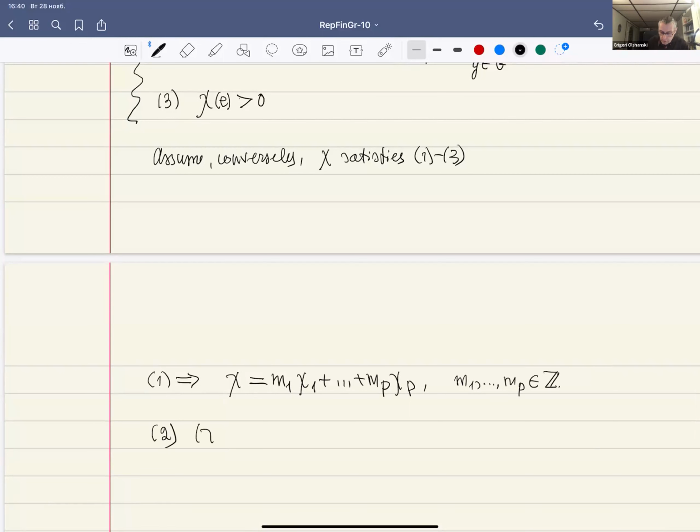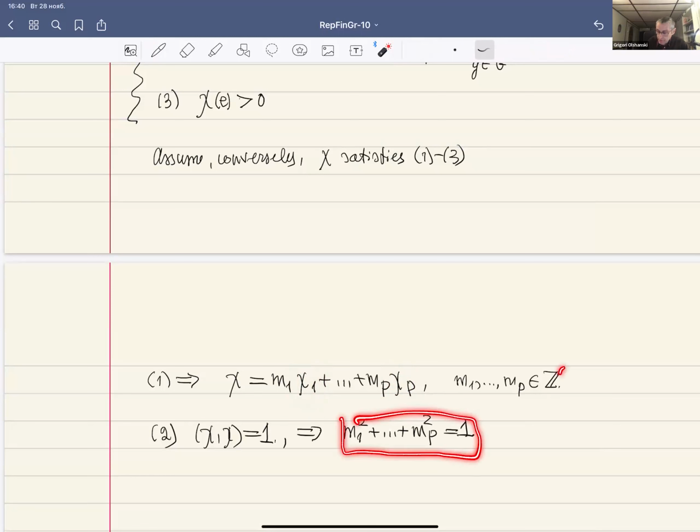Next we apply condition 2. It says that this scalar product is equal to 1. But what is this? This means that we have this condition, it is equal to 1, because these functions are orthogonal and each of them has squared norm equal to 1, so we get this condition. But these are integers.